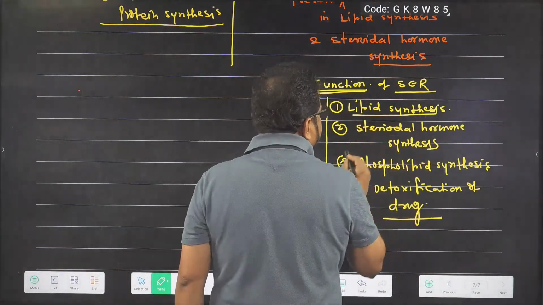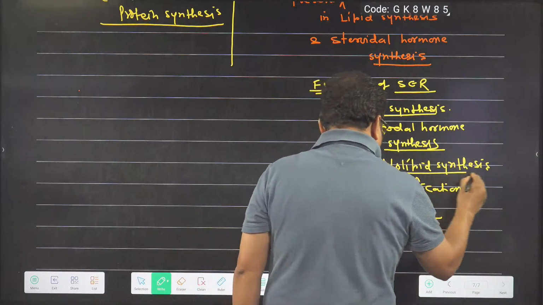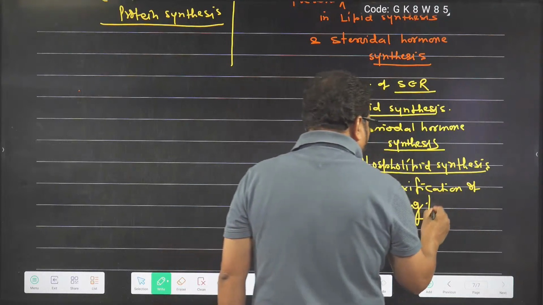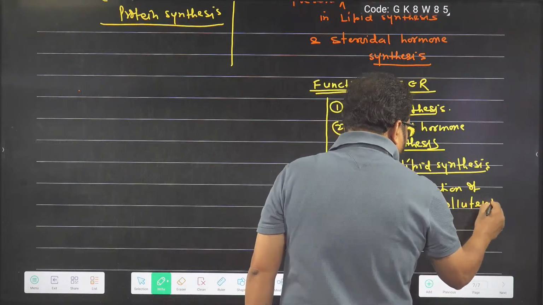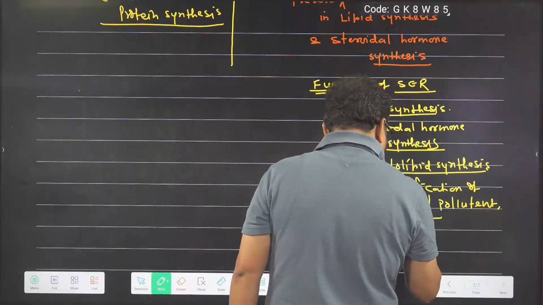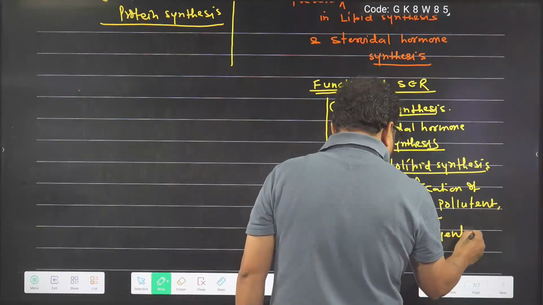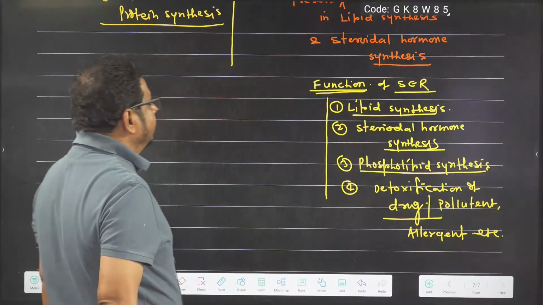One function I wrote is lipid synthesis, steroidal hormone synthesis, phospholipid synthesis, detoxification of drugs, pollutants, allergens, etc. These are going to be detoxified by which one? Smooth endoplasmic reticulum.